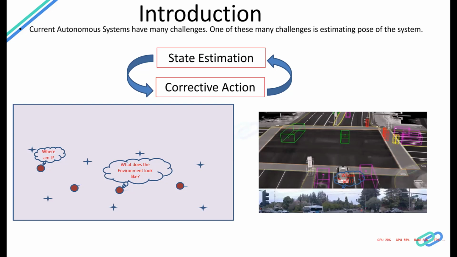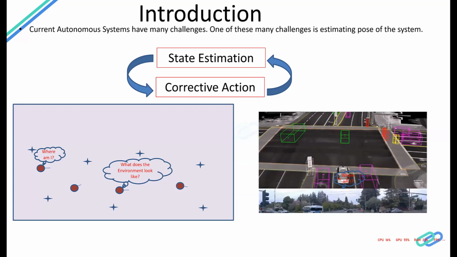If you look at state estimation and corrective action, what do those mean? State estimation is defining what state you are in, or where exactly you are supposed to be, and where you are currently. That is defined by the state of the system.